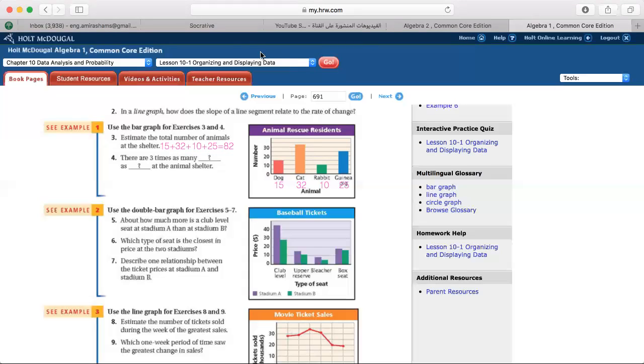No, Tala. Okay, the cat here is 32 and the rabbit here is 10. So 30 and 10, 30 is 3 times 10. So my answer here will be cats.